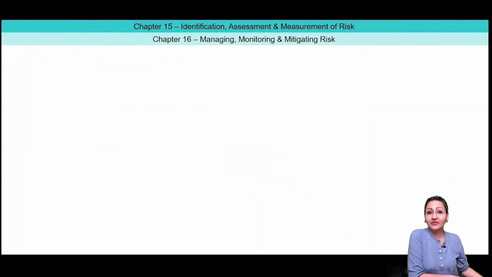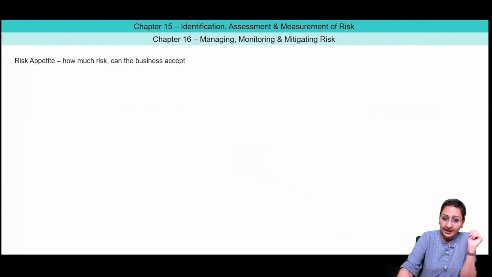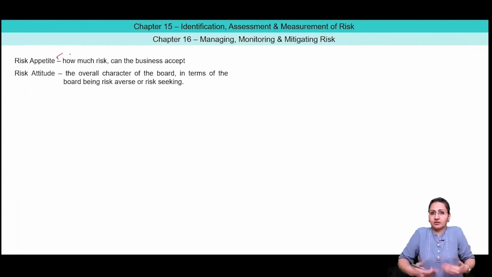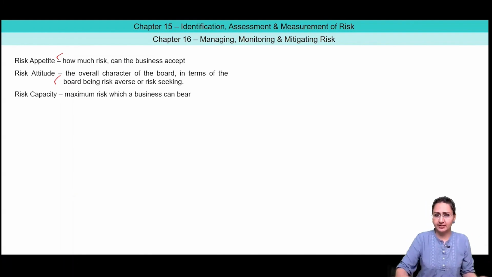Then we come to chapter number 15 and 16 together because they both relate to risk. So I have combined them. There are few terms which you should ensure that you will be using in your answer. One is risk appetite, how much risk a business can take. Appetite relates to your appetite of eating food also. So how much you can take, that is risk appetite. Risk attitude is how the business have been taking risk. That's the overall attitude, overall character of the business.